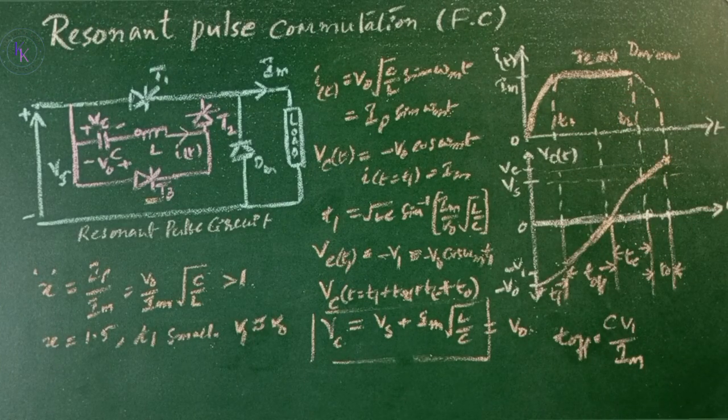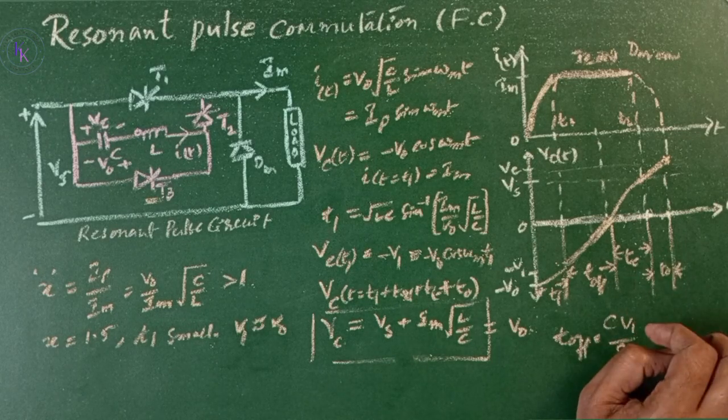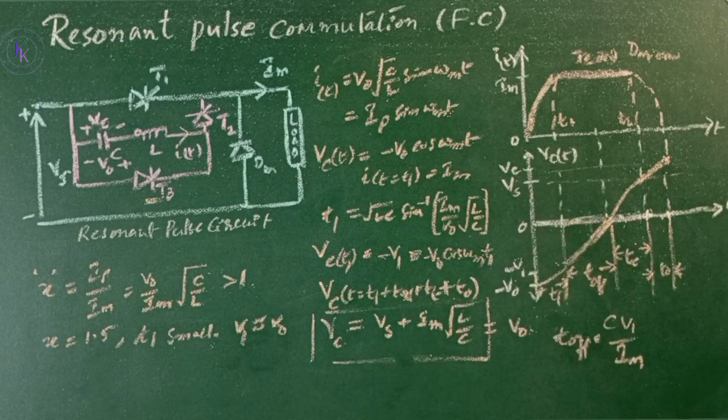At T2, the capacitor current falls to the load current Im. During the time Tc, the capacitor C discharges and charges to supply voltage Vs. During the time T0, the energy stored in the inductor L is returned to the capacitor C, causing the capacitor to overcharge with respect to the supply voltage Vs.